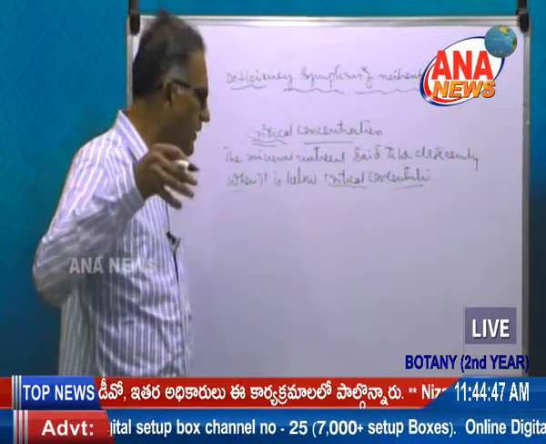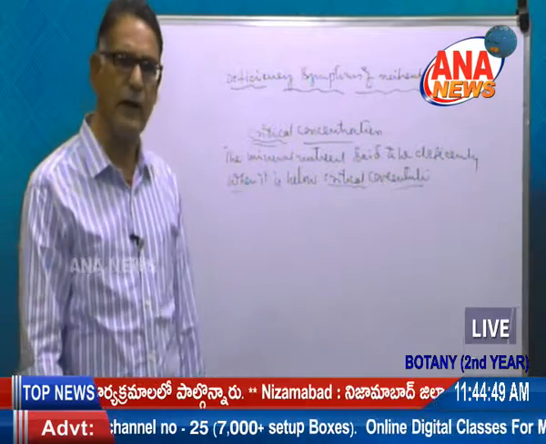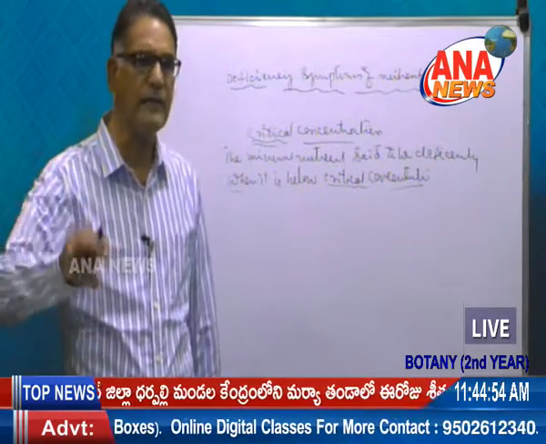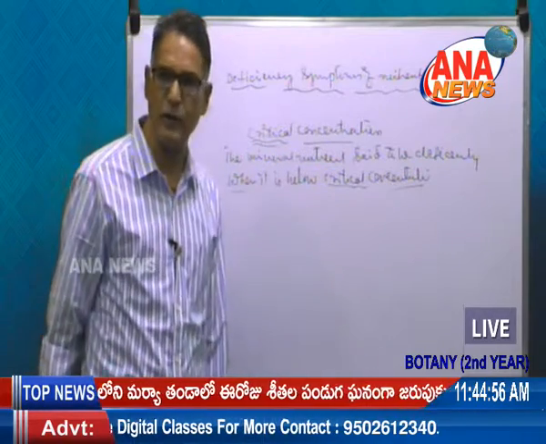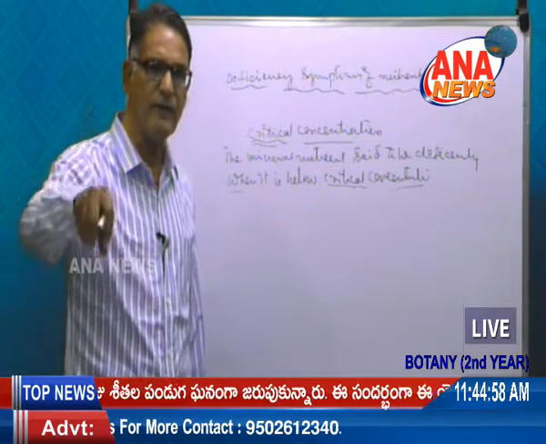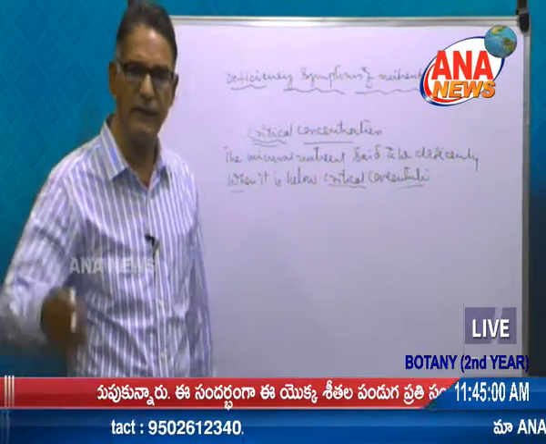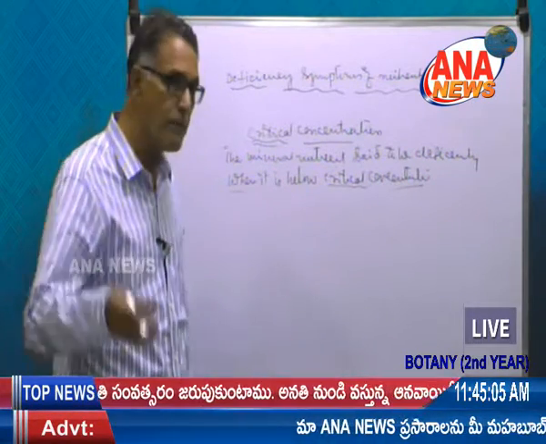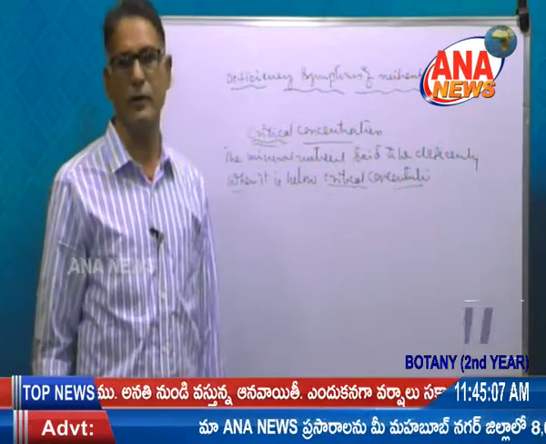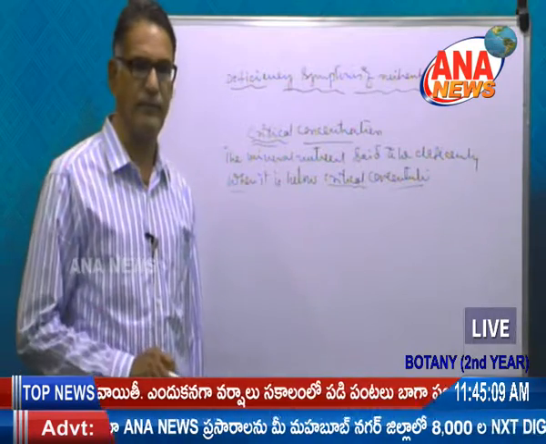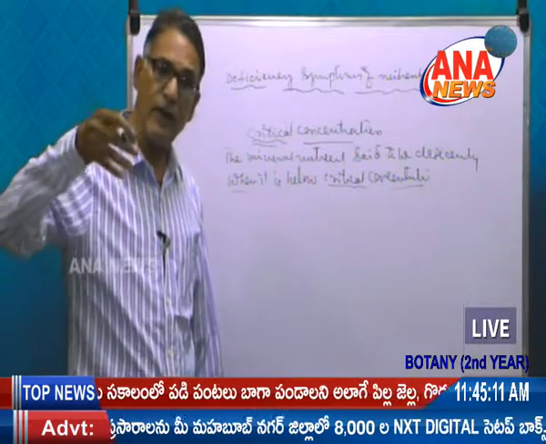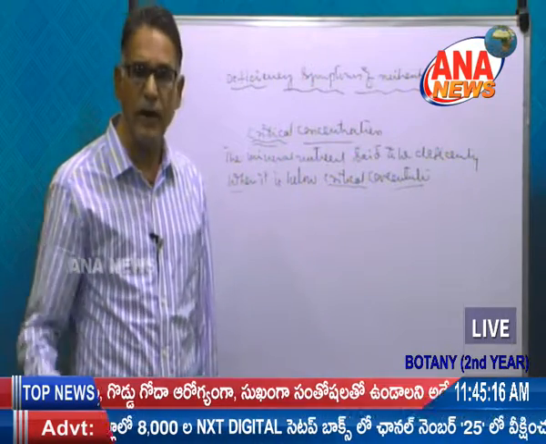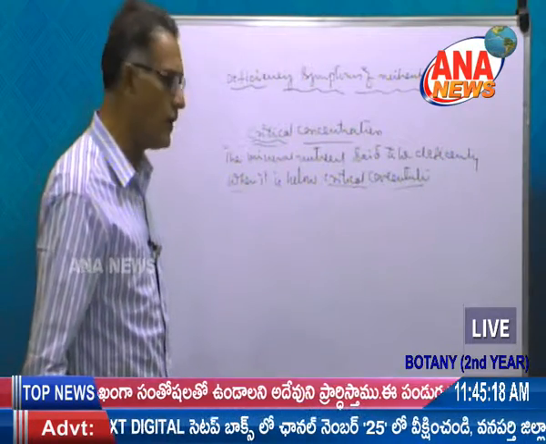The deficiency of a mineral nutrient can be removed by providing the deficient mineral nutrient. The deficiency symptoms can be removed by providing the deficient nutrient. If the deficiency continues, finally the plant dies.